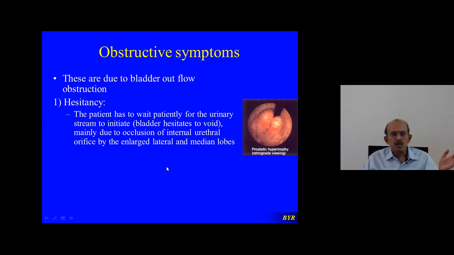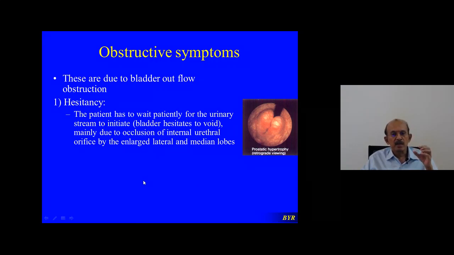And once he goes to the toilet, if he wants to pass urine, the urine won't come. He has to patiently wait. He has to relax his sphincters. Then only the urine starts coming. So there will be hesitation of the bladder to void. It is mainly due to the occlusion of the internal urethral sphincter by the enlarged lateral and medial lobes.